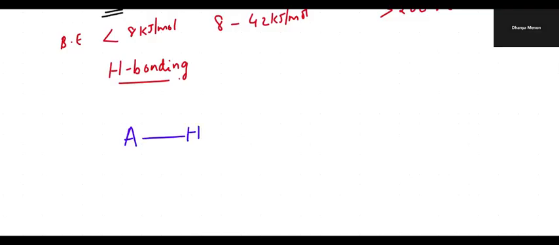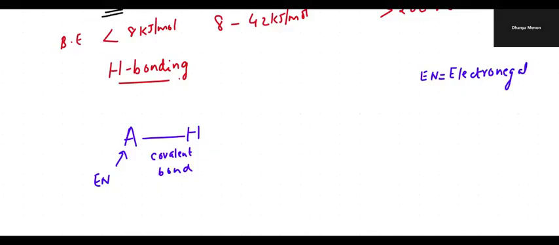Okay. So this bond is a covalent bond. Okay. And this atom A is highly electronegative. So En stands for electronegative. We have done the video on electronegativity. So highly electronegative atoms can be fluorine, oxygen, nitrogen.